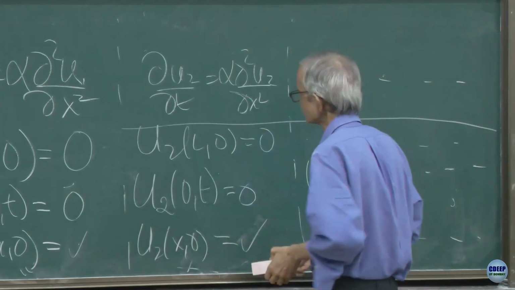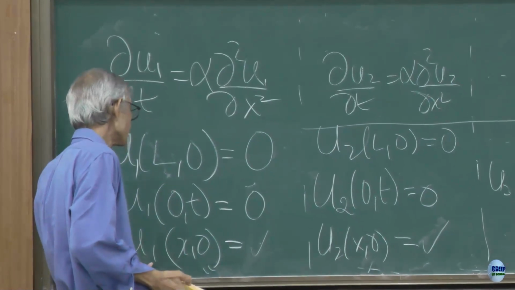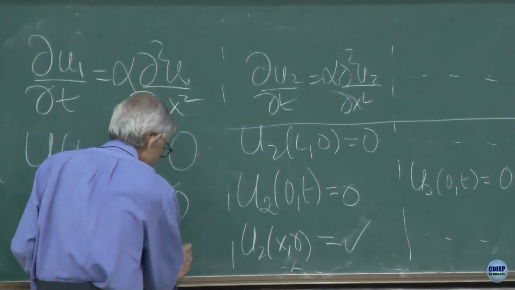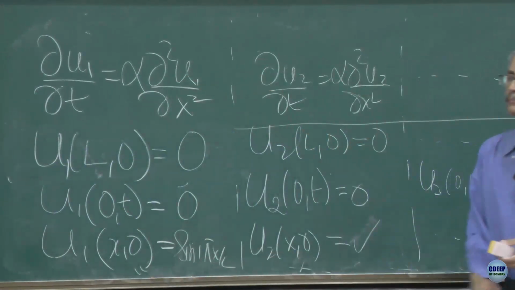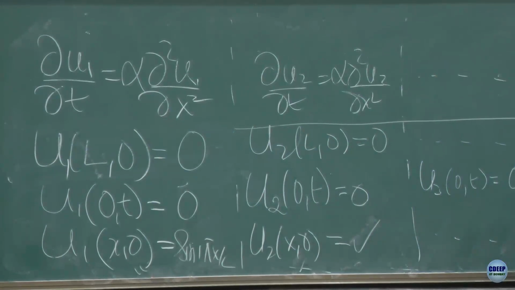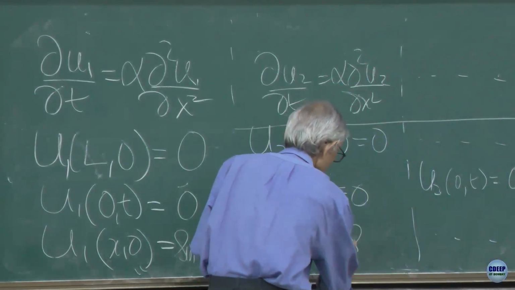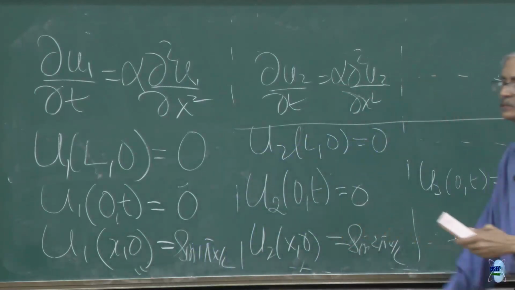So, I have got the u1. Suppose I choose this as sine of 1 pi x by L. Would that be okay? I choose this as sine of 2 pi x by L and so on.